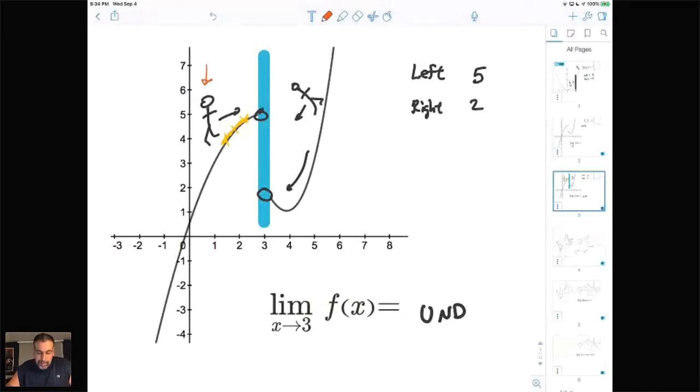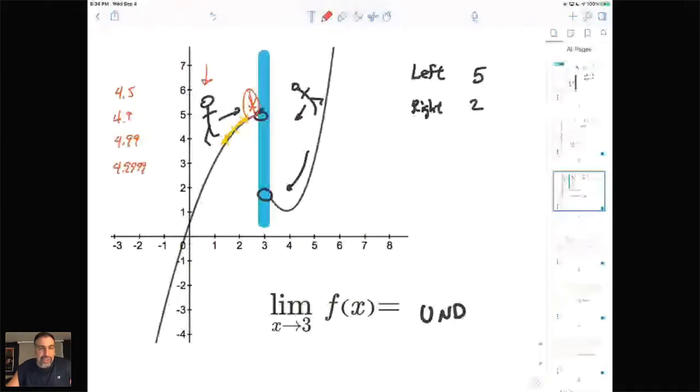As he gets closer and closer to the x value 3, you can see his y values are getting closer and closer to 5. Now he's going 4.5, 4.9, probably 4.99, 4.999, and he's going to stop just short of getting to 3. What he's done along the way is collect this data.